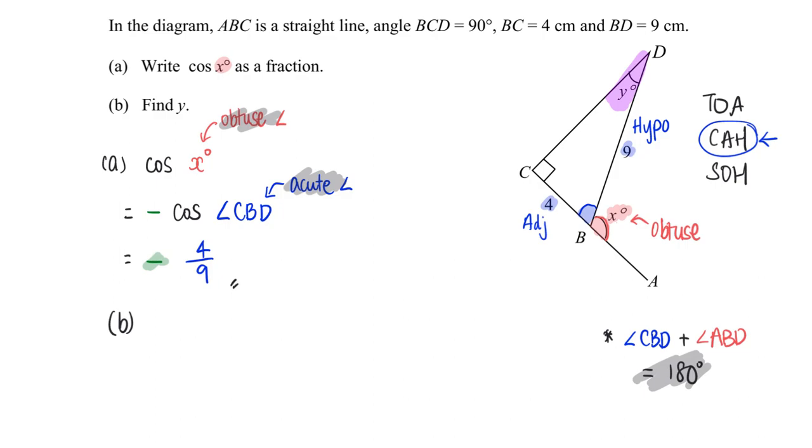So this is still my hypotenuse 9, but my BC now becomes the opposite side, and therefore, O and H, I'm going to use my sine ratio equals opposite over hypotenuse.